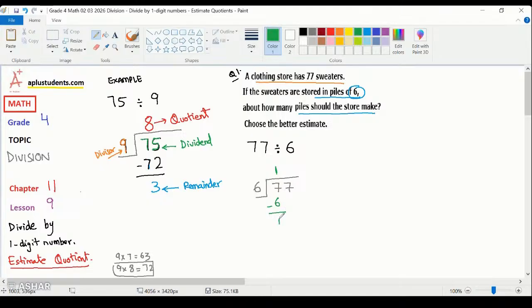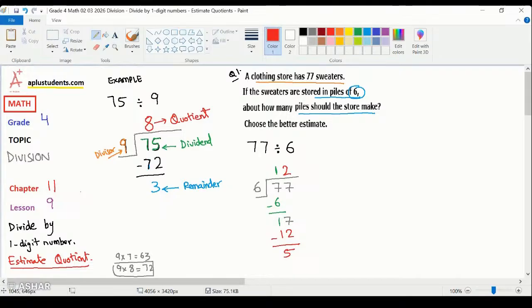We are left with one remainder. The 7 is carried down. That means 6 times 2 is 12, and we would be left with 5 at the end.